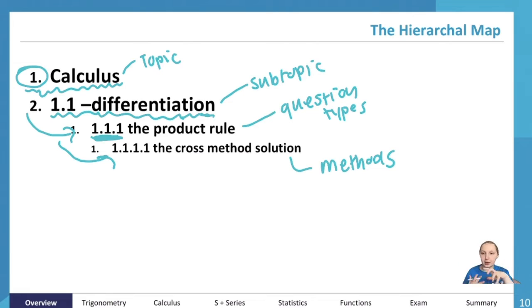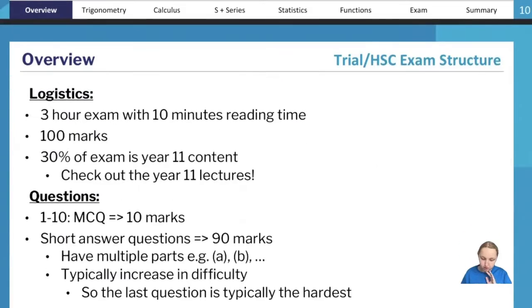That's just a good way to think about your syllabus, so you can start getting yourself prepared for what sort of questions you're going to be getting. If your syllabus doesn't look like this, you can break it down yourself into topic, subtopic, and types of questions you might see. Just a good way to think and prepare for the questions you're going to be looking at.